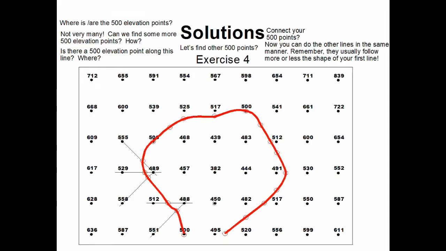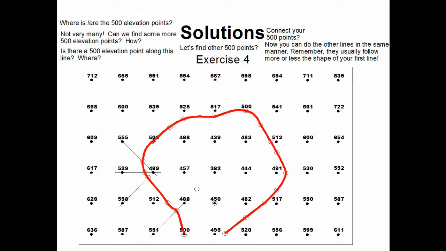So let's do the 450 feet contour line. Again, let's interpolate more 450 points. In this case, we need to find values below 450 and values above 450. What about between 488 and 382? Okay.